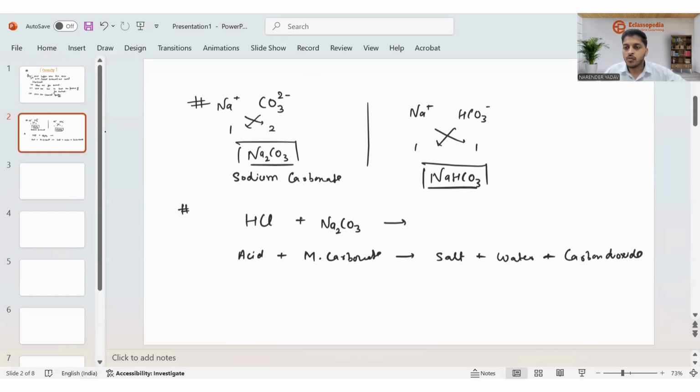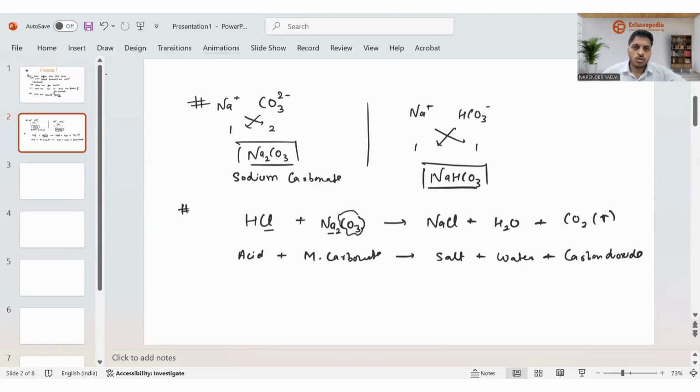Let's write the chemical equation. From the acid we have chlorine, and we have sodium, so we can easily understand the common salt NaCl forms. Then water, H2O. And from the carbonate, CO3, a gas is evolved, carbon dioxide, CO2. We also write the symbol to mention that a gas is getting evolved.